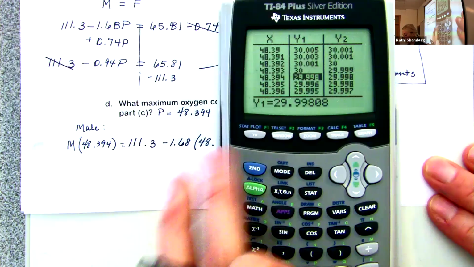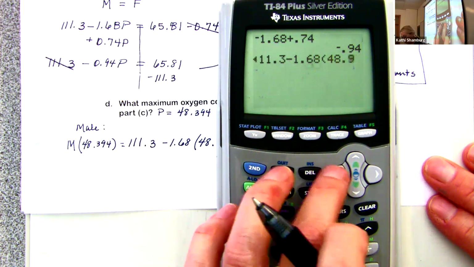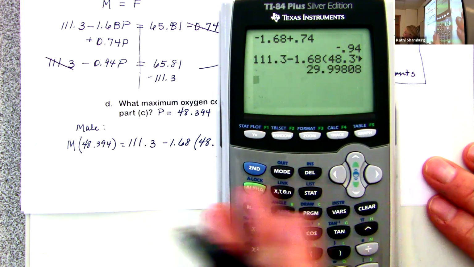So I'm going to do second quit. And I'm going to put in 111.3 minus 1.68 times 48.394. And if you rounded that to 3 decimal places, we get 29.998.